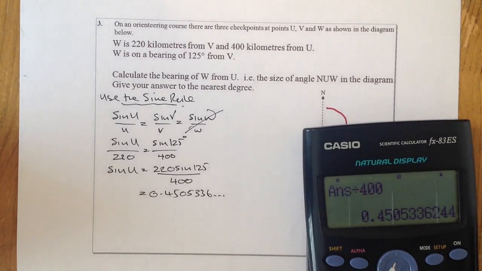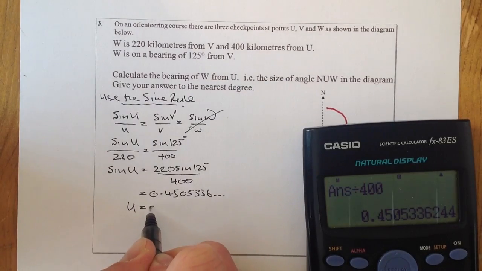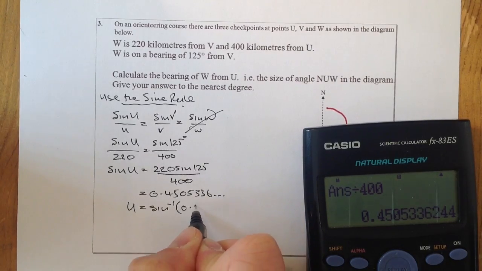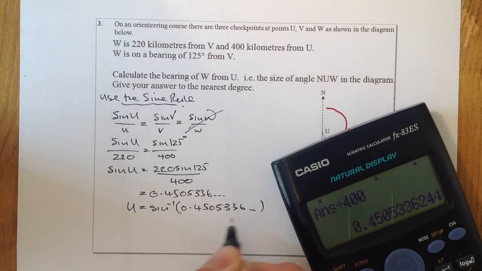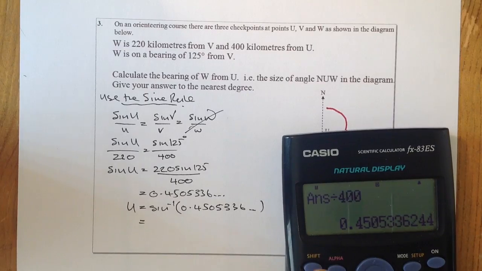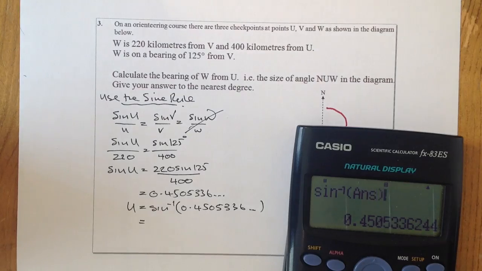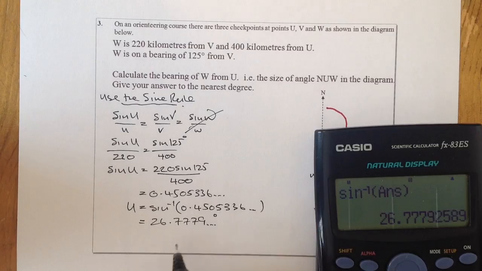I'm going to keep that answer in the calculator, because I'm then going to find out what U is equal to. Remember, when working out the angle, I take the inverse sine of the number I've got there. I've left that in my calculator, so I use shift sine, the inverse sine of the answer, and that gives 26 point something degrees.